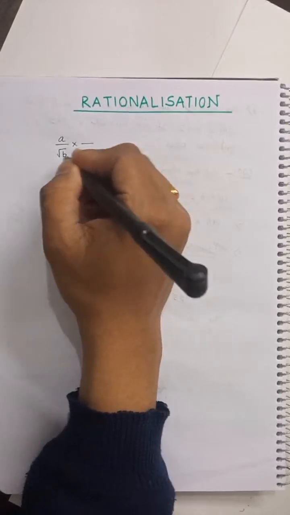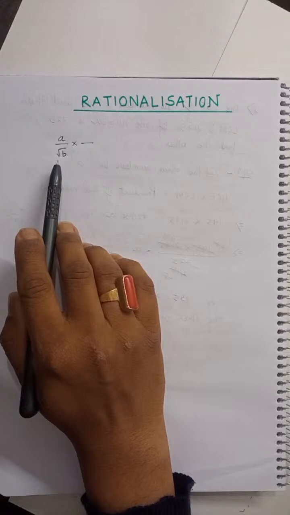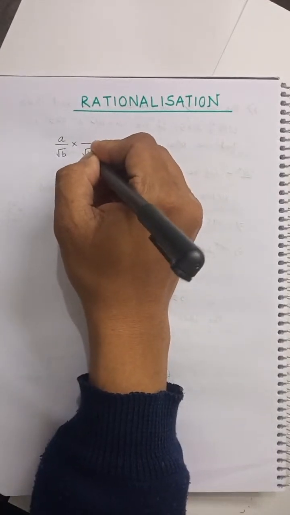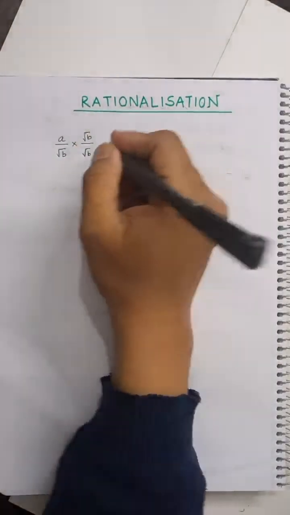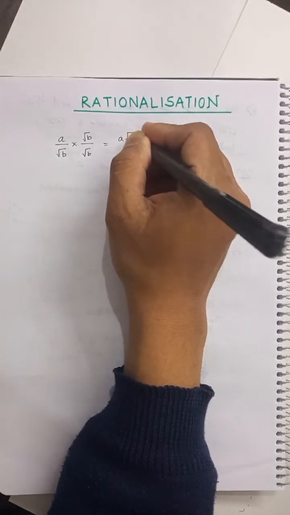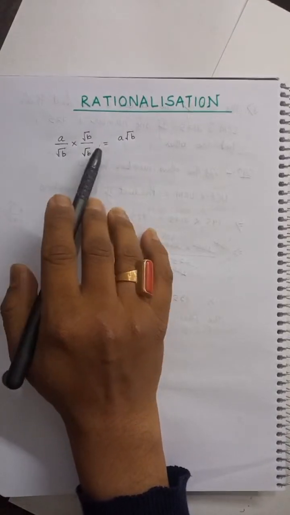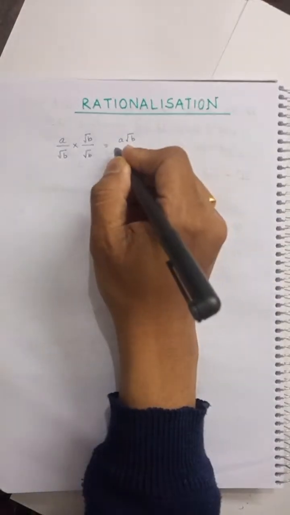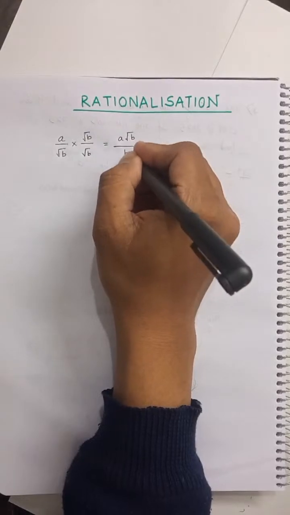Whatever irrational part we have in the denominator, we can multiply it by root over b and root over b. So this is just the general idea. We'll solve a few questions and then this will be clear. The numerator will be a root over b, and root over b into root over b is b.